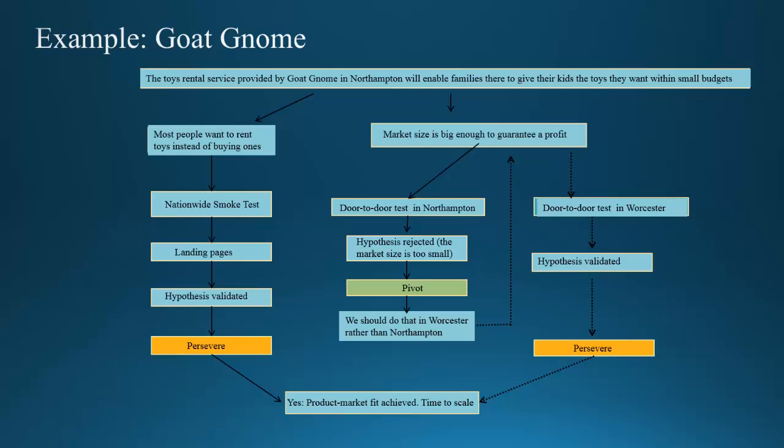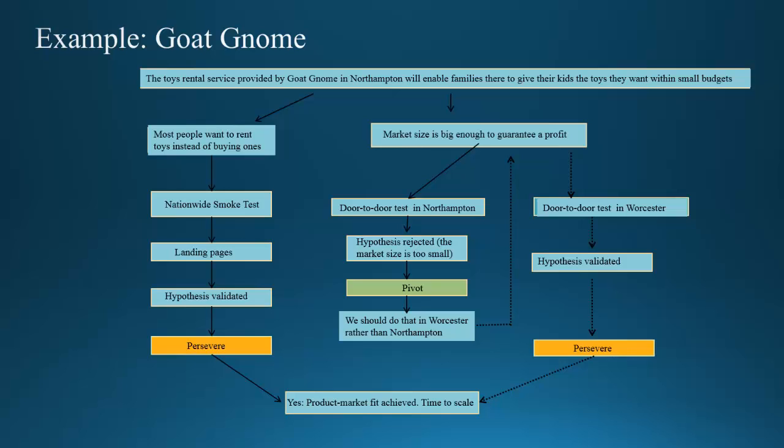Then they translated their business vision into two hypotheses, which were most people would rather rent toys instead of purchase them, and the market size is big enough to guarantee a profit. To test the two hypotheses, they specified two minimal viable products, a nationwide small test to see people's preference, and a door-to-door sale test in Northampton to see the market size.